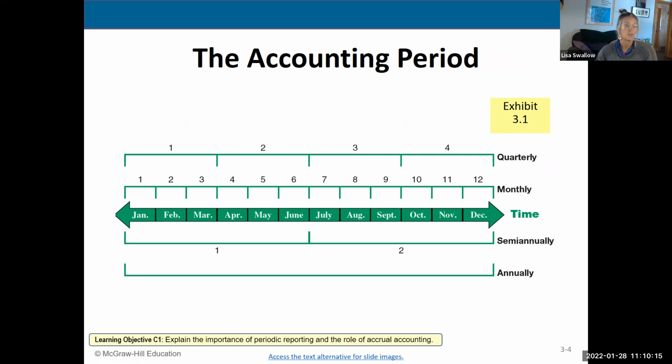Let's say I'm a hydrogeologist, and I go to do a bunch of work on your ranch. And then I send you an invoice, and you're not going to pay me until February, or maybe even into March. Do I wait until February or March to record that revenue? No, I have to record it in January, right? So that's an accrued revenue.